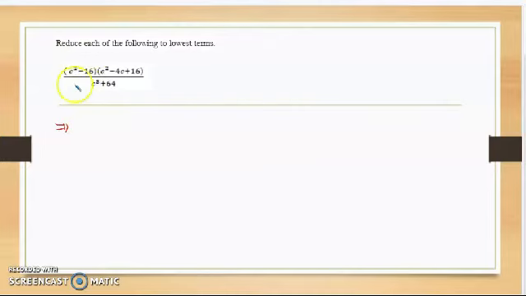So the factors of c squared minus 16 are c plus 4 times the quantity of c minus 4. Now, how about c squared minus 4c plus 16? Is this factorable? No. It's already a prime factor. So just copy c squared minus 4c plus 16.